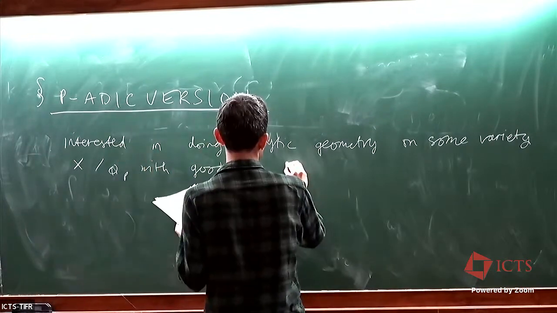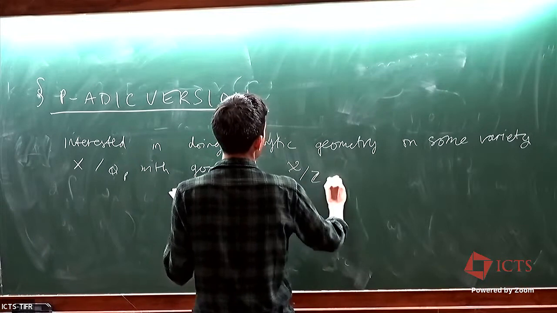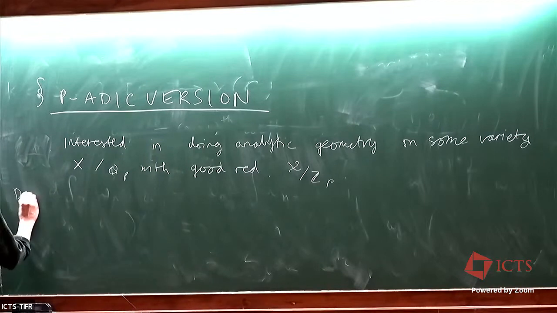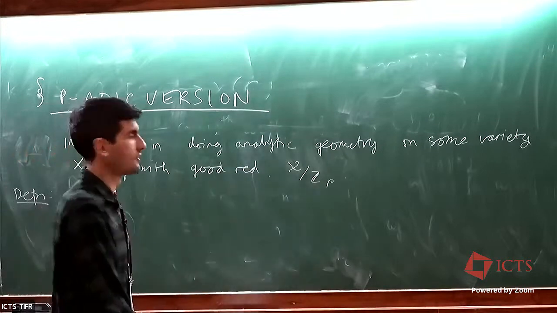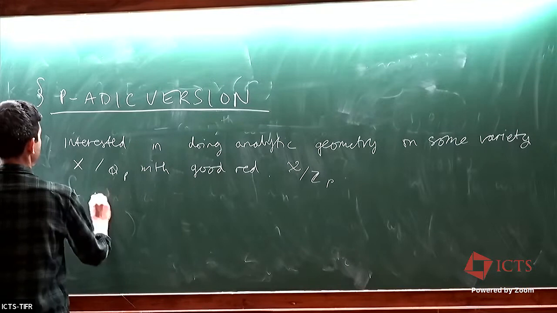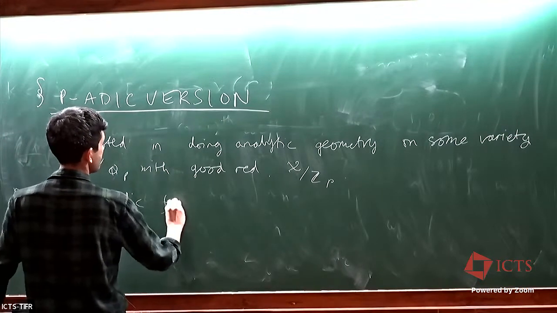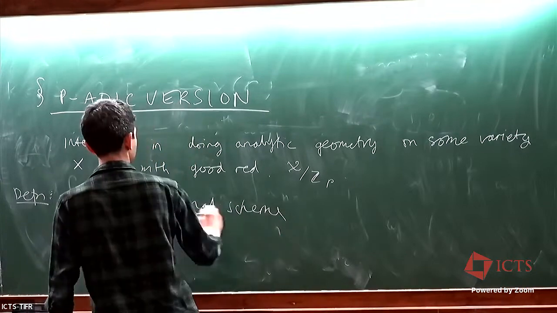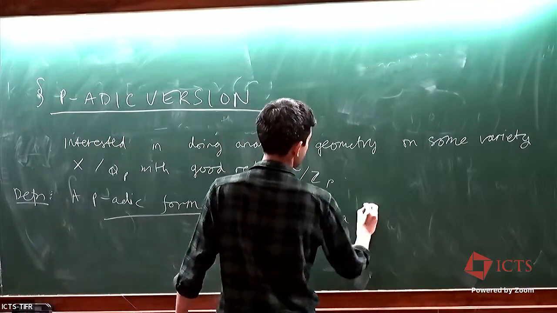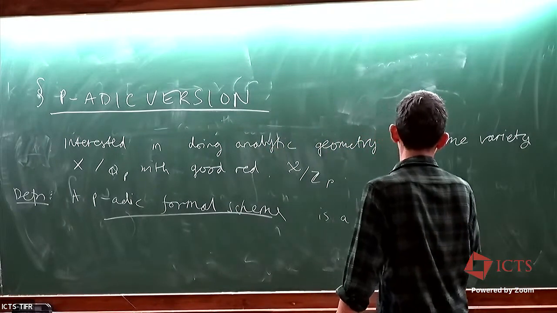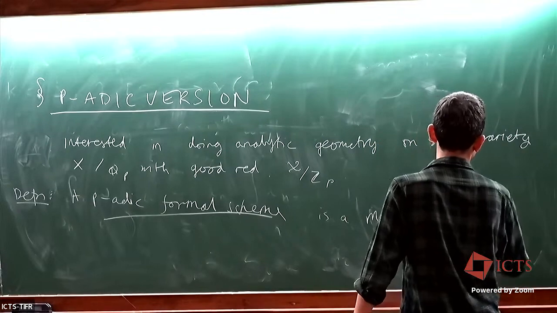That means that we can form some X over Z_p. And the first way we can analytify that is to take the formal completion of this along the special fiber, and that defines what's called a p-adic formal scheme. So take that definition: a p-adic formal scheme, and morphisms of formal schemes.